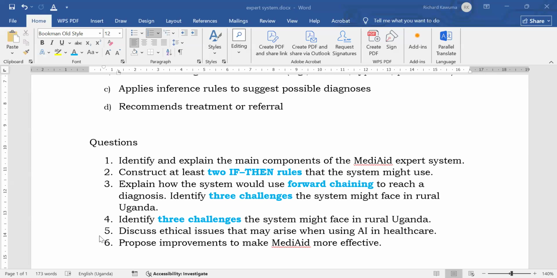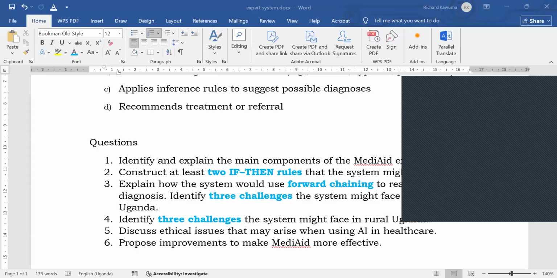That is one. The next component is, I think, the user interface that will allow patients or health workers to input maybe symptoms and receive guidance on it. And the next maybe should be the database where the patient records and the history is kept.